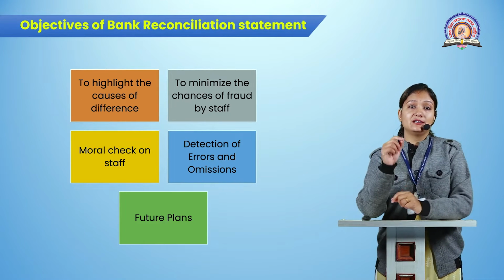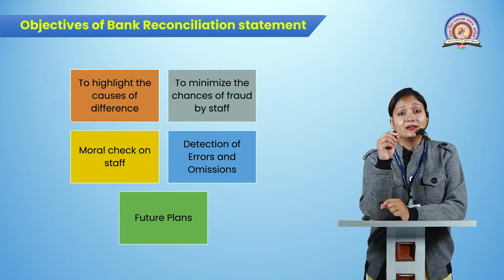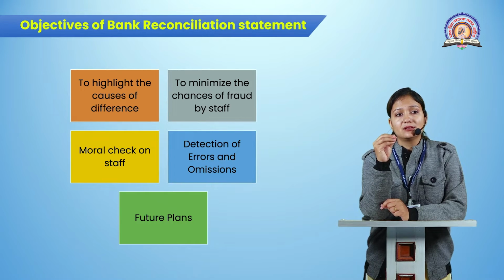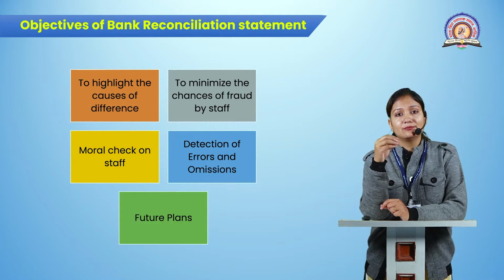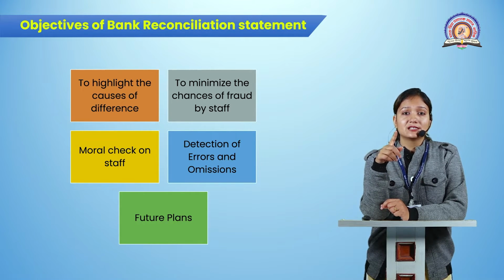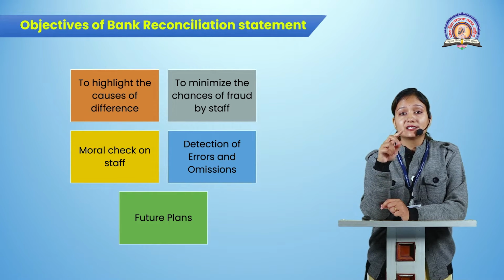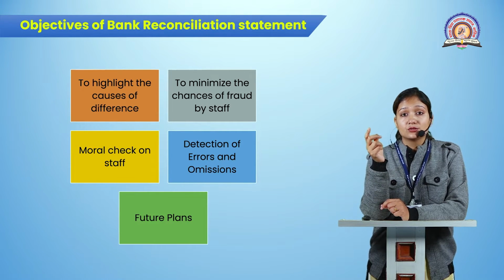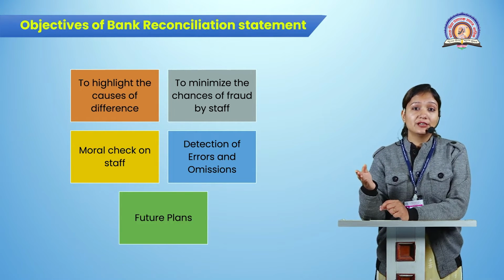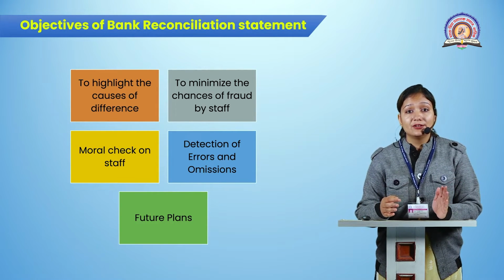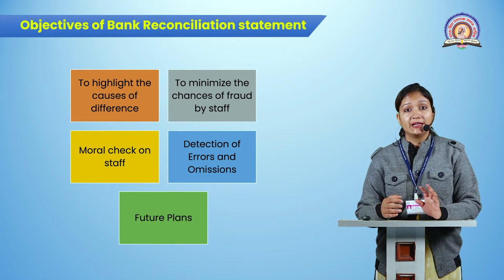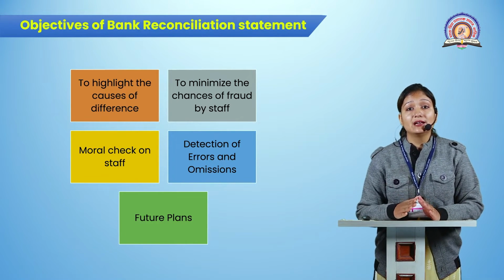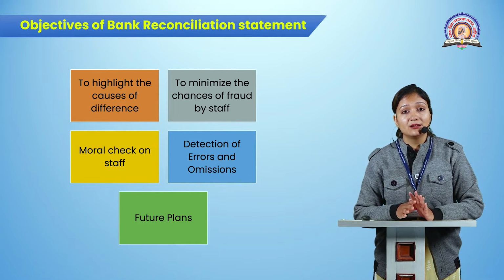For example, I have 10 transactions to record in my cash book, but by mistake I have entered only 9, and one transaction is skipped from my cash book, while all 10 transactions are written in the passbook. So my passbook will show a different balance from my cash book because of omission. That is the reason I am finding out why there is a difference between cash book and passbook.